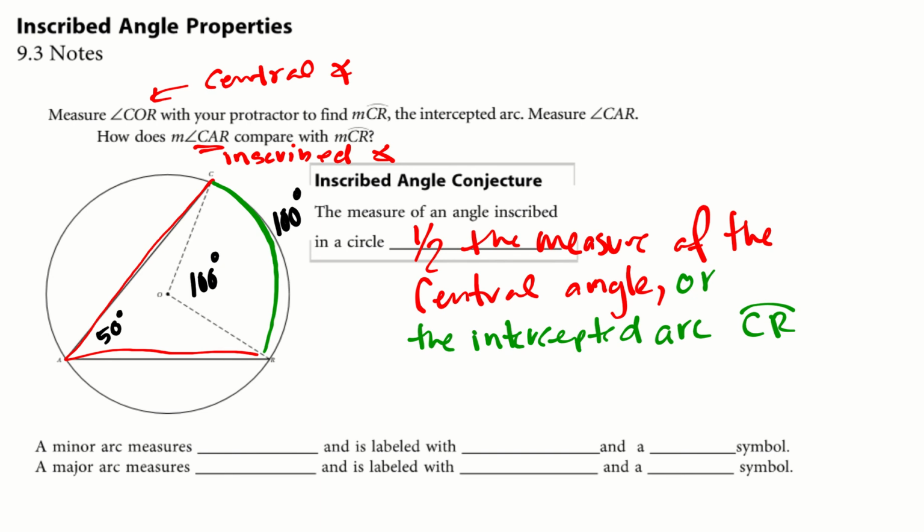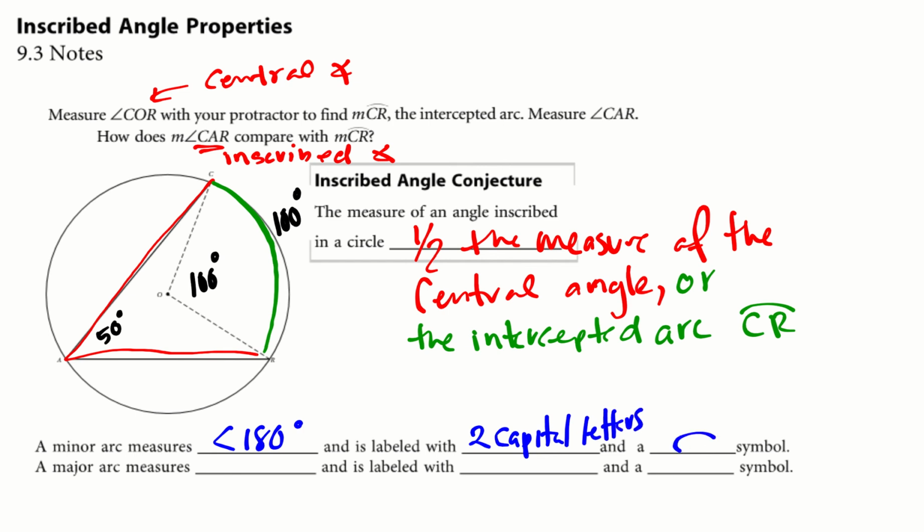Okay, so let's go down to the bottom where it says a minor arc measures. Well, the minor arc measures less than 180 degrees. A minor arc is labeled with two capital letters and an arc symbol.